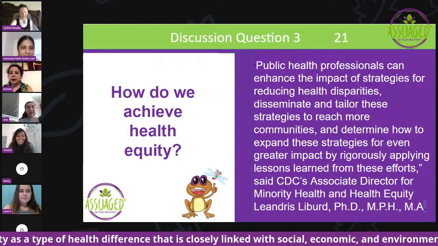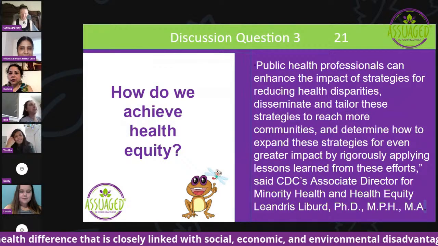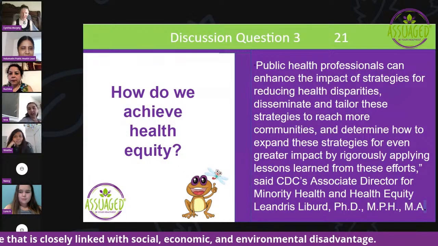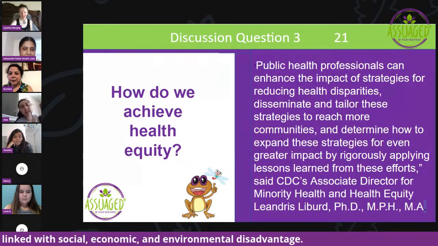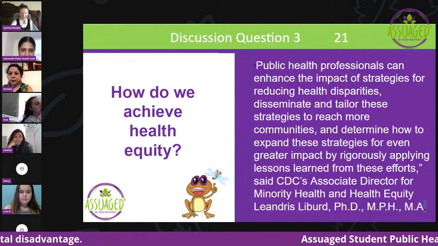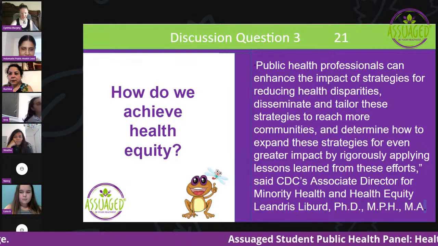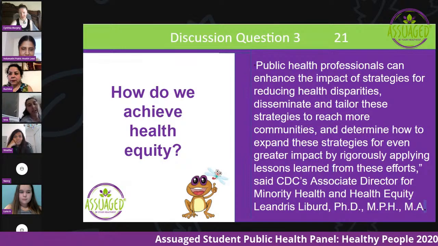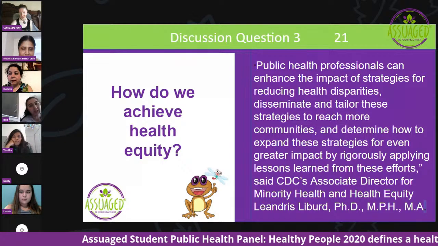So now that we understand the health disparities and what the vulnerable populations are, it's really important to understand what the next steps are, and more importantly, what organizations are dedicating their mission and vision to those next steps. So how do we achieve health equity?